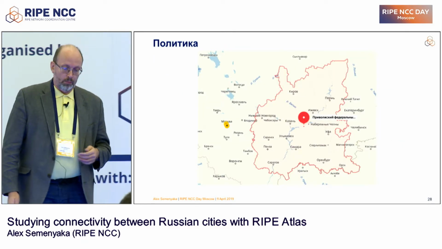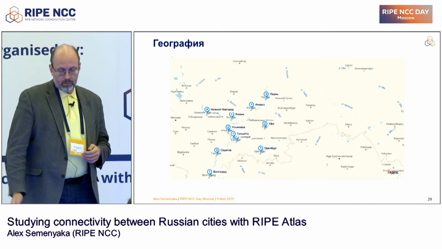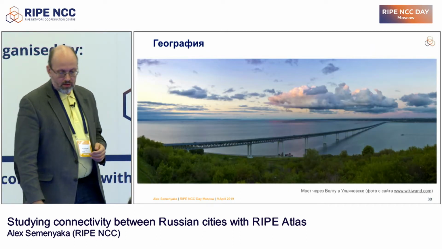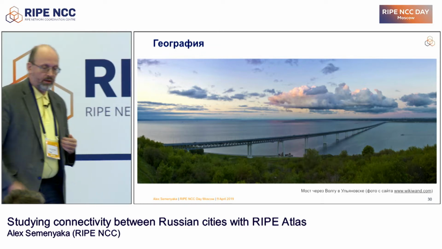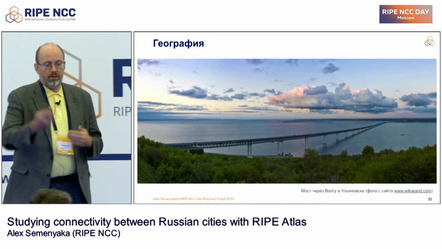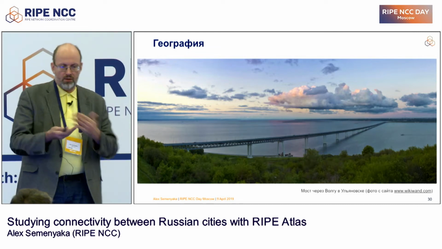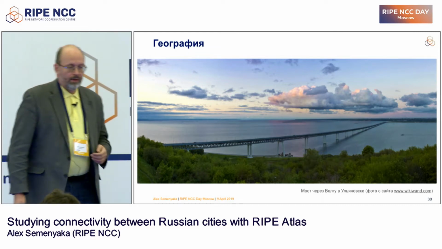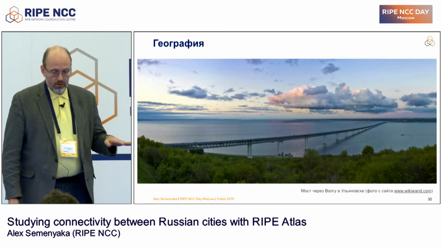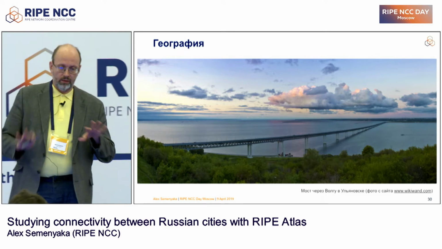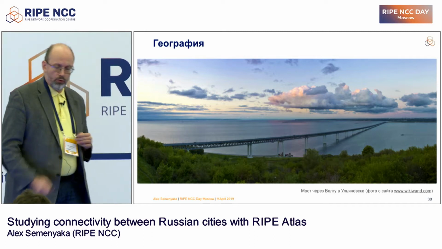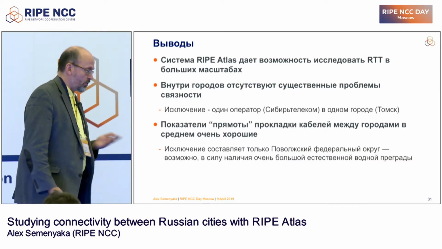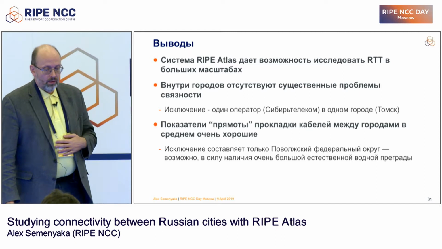Because the district is called the Volga Federal District, those cities lie on the banks of this huge river, and maybe there are some problems with laying cables across the Volga River. It's one of the biggest rivers in Europe. I don't know what the explanation should be, but those are the two hypotheses that come to mind.